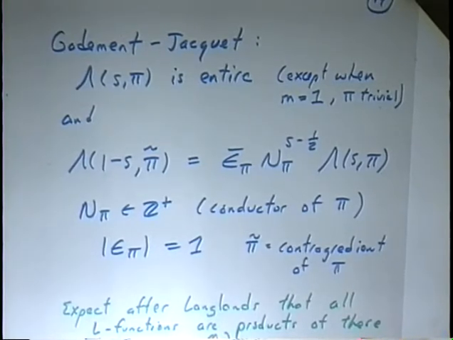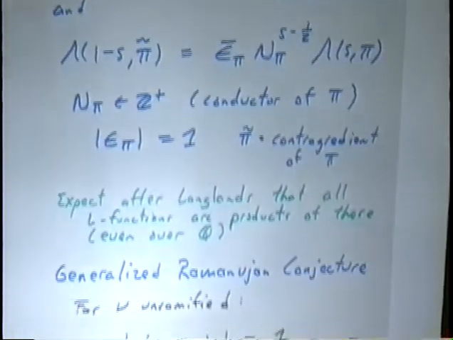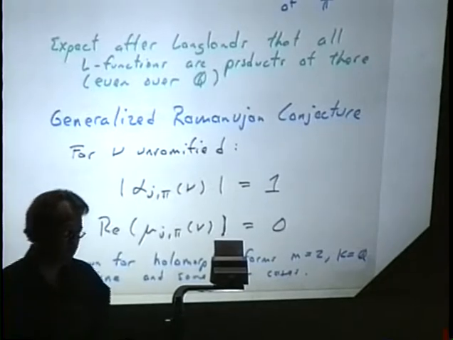And we have the standard functional equation relating lambda of 1 minus s to lambda of s with the conductor, a positive integer, and this mysterious root number, which has absolute value 1, pi hat the contragredient representation. And after Langlands, it's expected that every decent L-function is actually a product of these. That these could give us everything ultimately, even over Q.